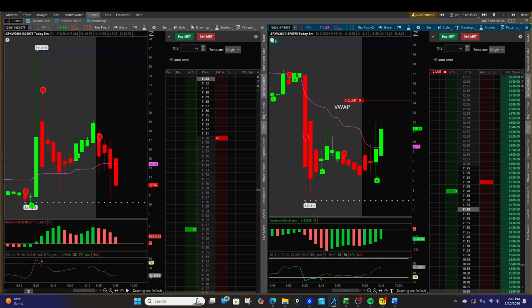There's a way you can speed this up too. If you go up, there is a button that says fast forward, and it'll play 3 times faster. So let me click that.